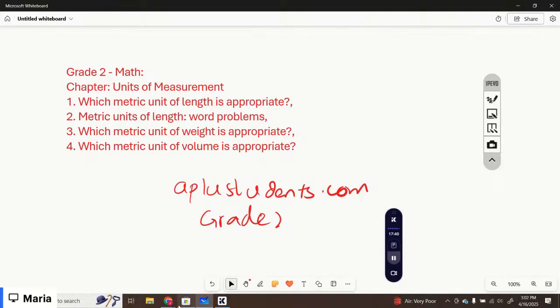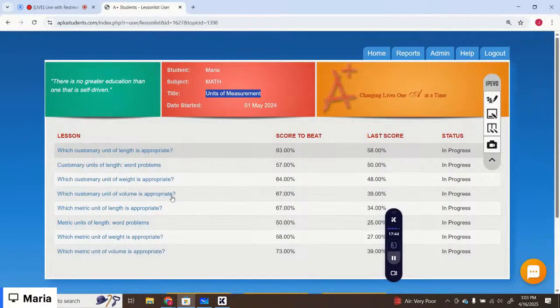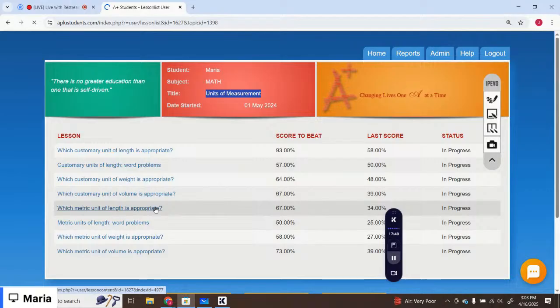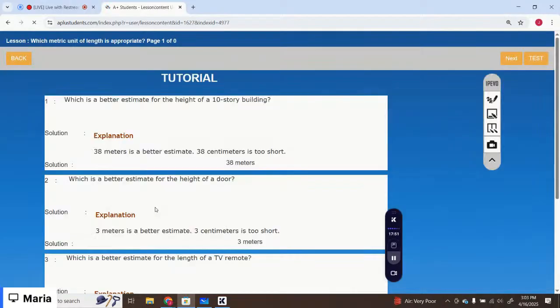And I'm on grade 2 math. The chapter we're on right now is which metric unit of length is appropriate. So today we're going to learn the units of length. Which is a better estimate for the height of a 10-story building?